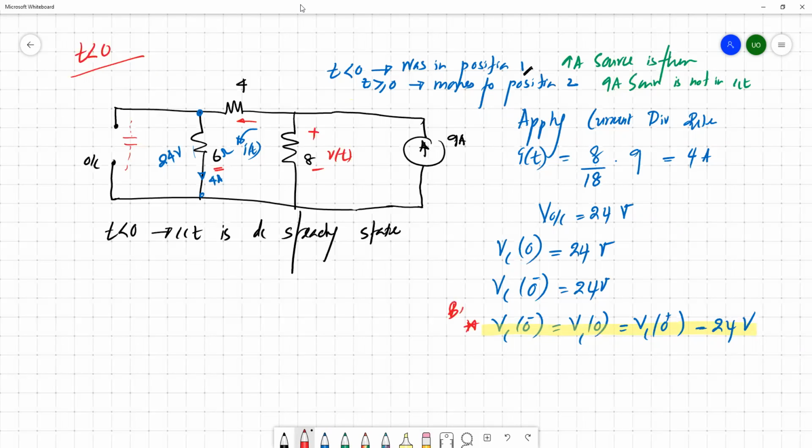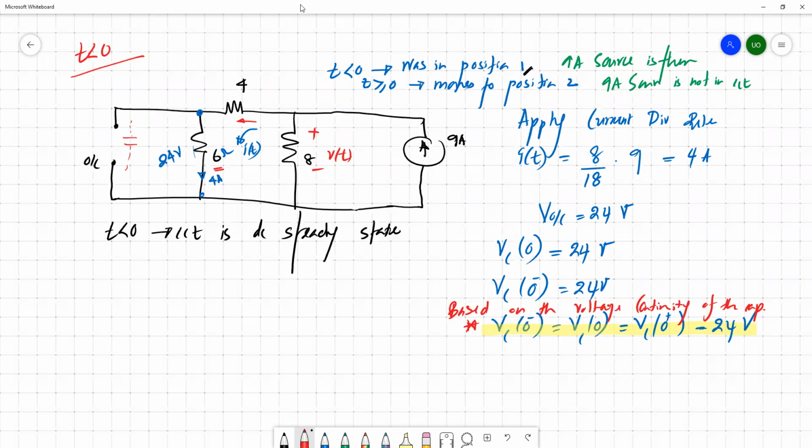Based on the voltage continuity of the capacitor, as we explained in the previous session, this capacitor cannot manage abrupt or sudden drops and rises in the voltage.